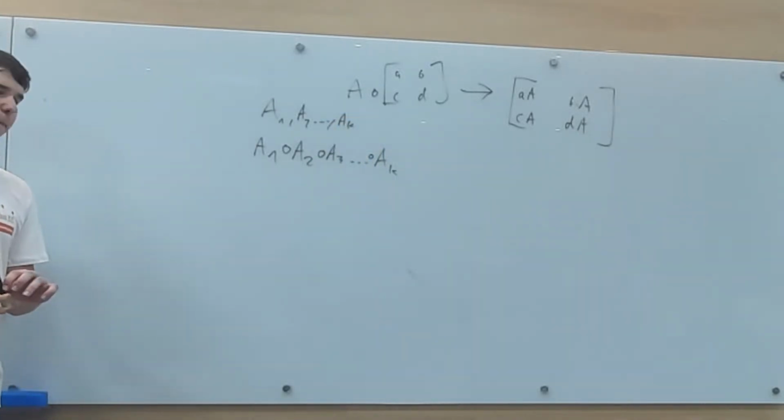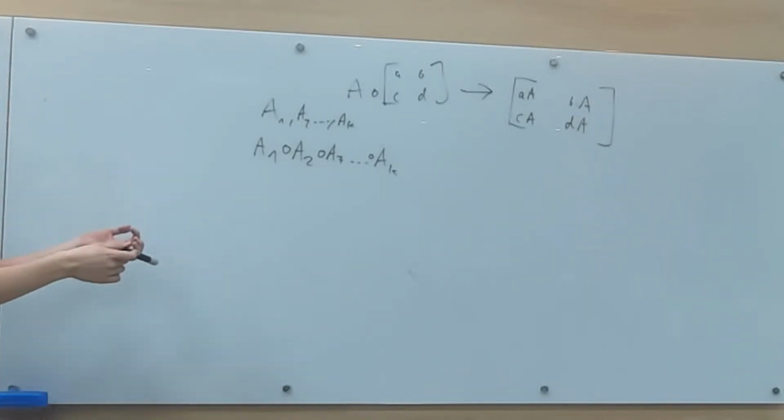One can observe this, for example, when we are doing sum over subsets and OR convolution.